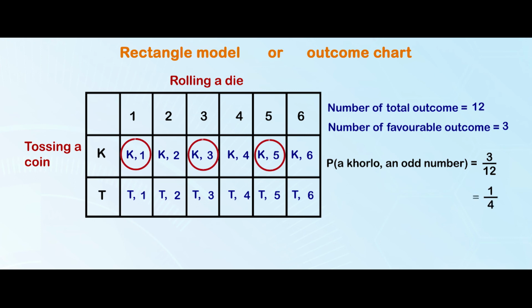So therefore 1 over 4 is the probability of getting a kholo from tossing a coin and an odd number from rolling a die. So this is how we determine the theoretical probability when more than one event is provided by using a tree diagram and a rectangle model.